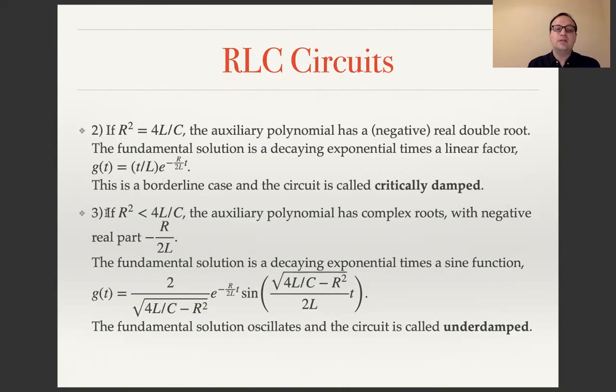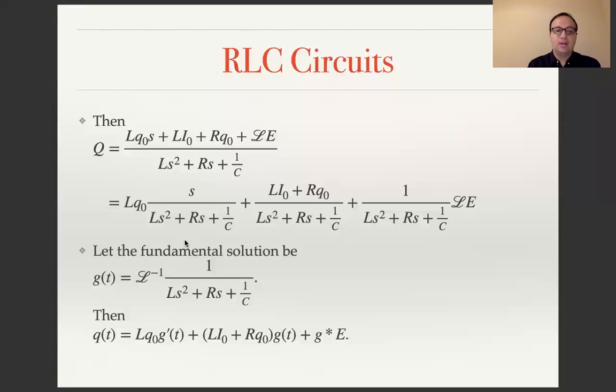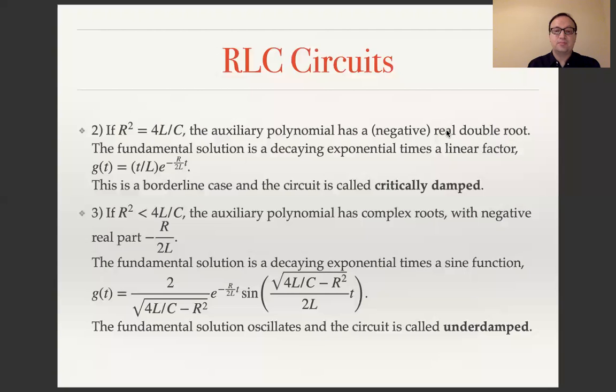And finally, if R squared is less than 4L over C, then the discriminant of the quadratic equation is negative. So I am talking about the quadratic equation Ls squared plus Rs plus 1 over C is 0. And the discriminant of this equation is R squared minus 4L over C. And a quadratic equation with a negative discriminant has complex roots, complex solutions.